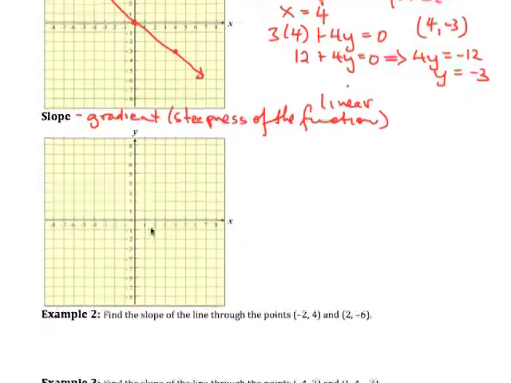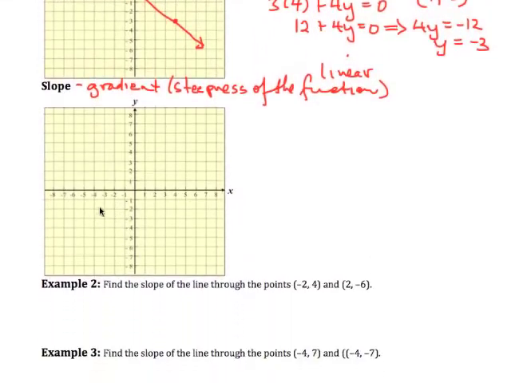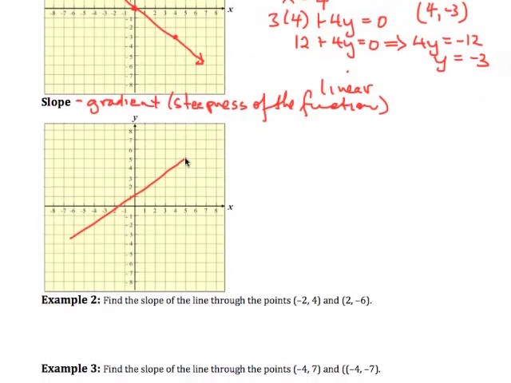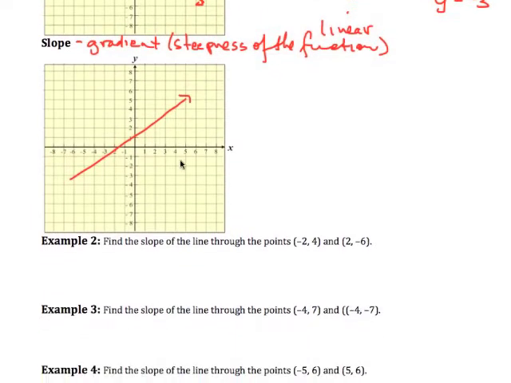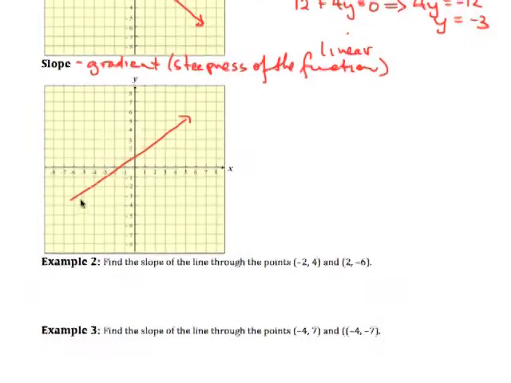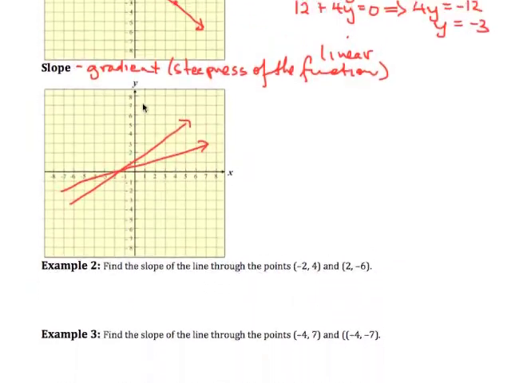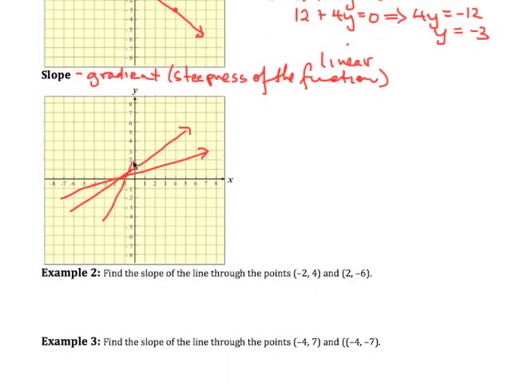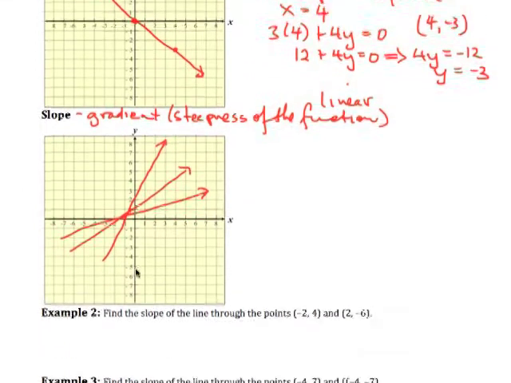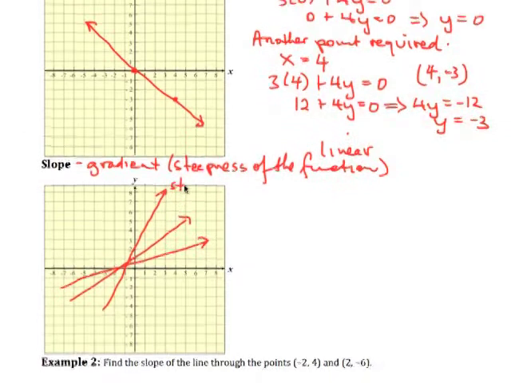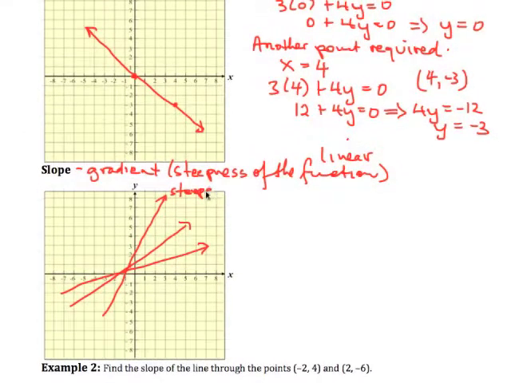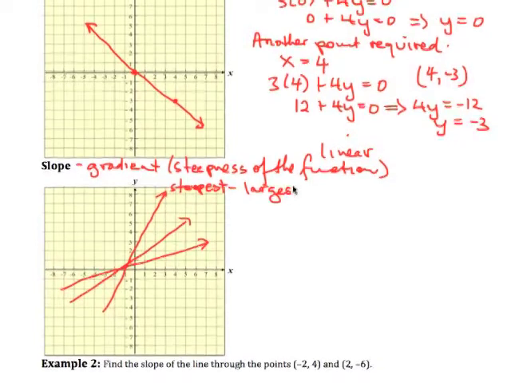If you look at this particular line like this, that's steeper than, say, a line that's like this. And of course these two are not as steep as a line that's like this. So this is the steepest here, so this would have the largest slope.